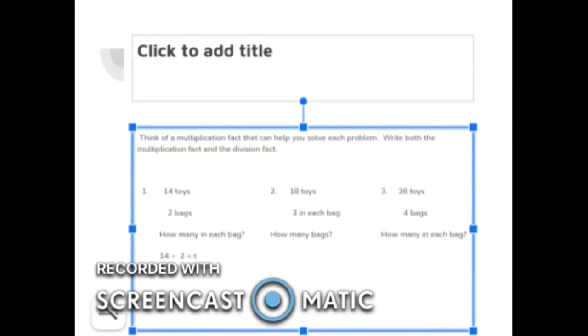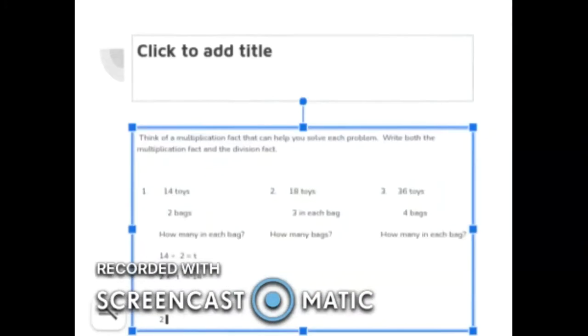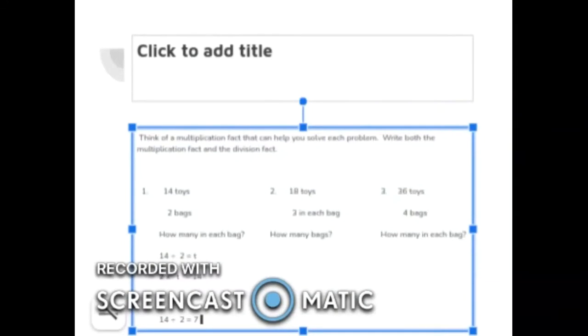I want to know what multiplication fact would help me solve this problem. So in my mind, I need to be thinking about what times 2 would equal 14. So if I know my basic facts, I know that, and I'm going to put a T there because I'm representing it with a T, 14 divided by 2 equals 7, because 2 times 7 equals 14.